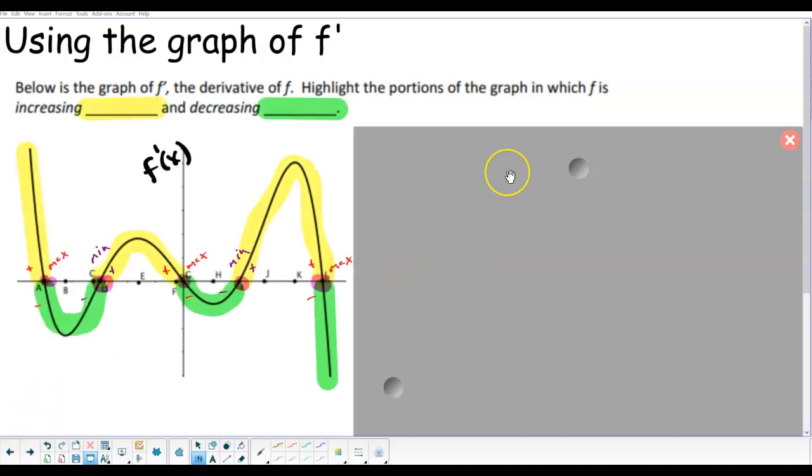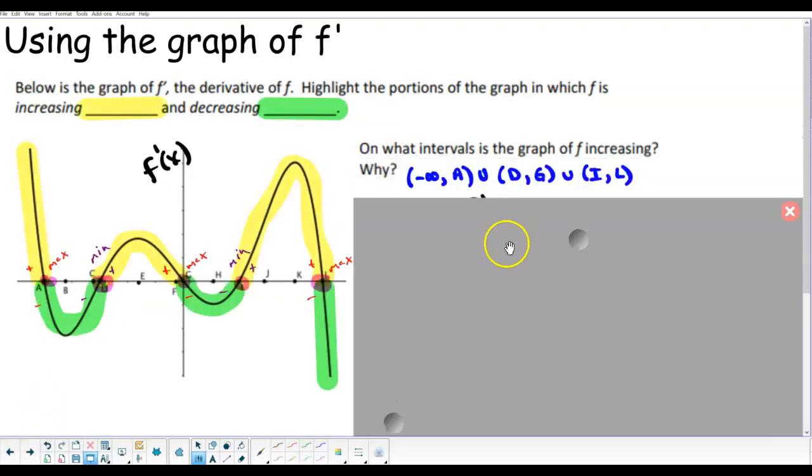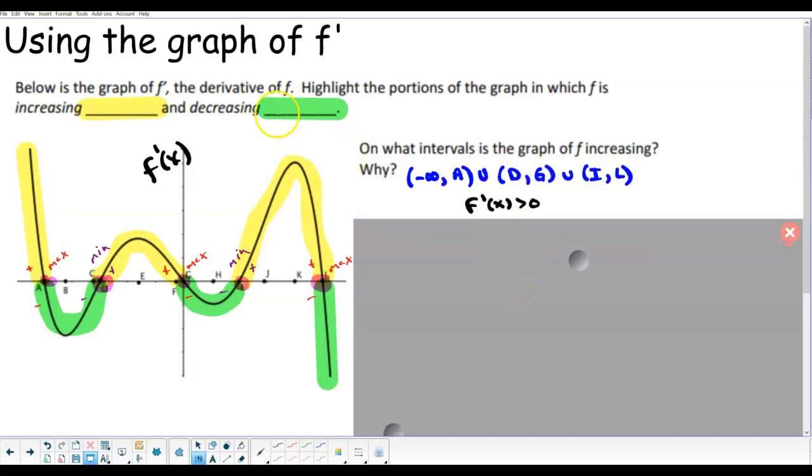We'll pause it. So this time, when we're looking at the graph of f prime, notice how I labeled the graph. We're looking on what intervals of the graph is f increasing. Well, f is increasing anytime the derivative is positive. So all the highlighted yellow intervals are whenever the derivative is greater than 0.